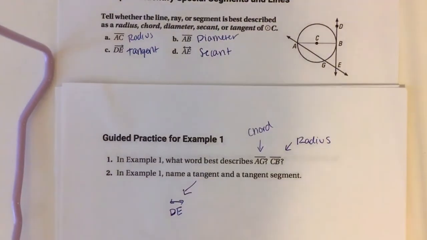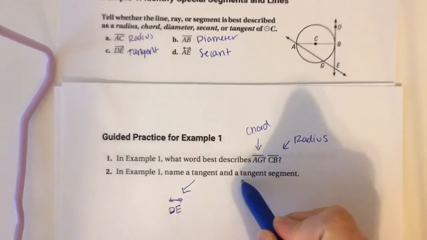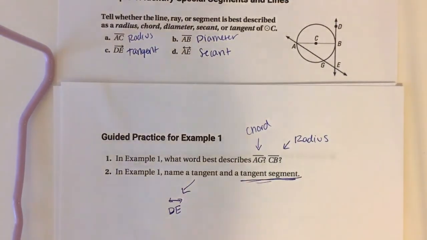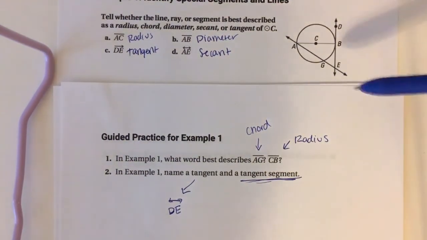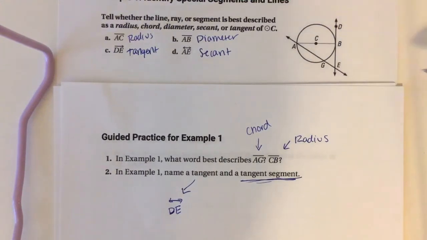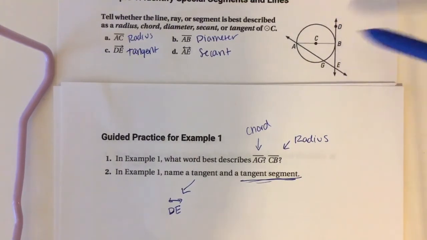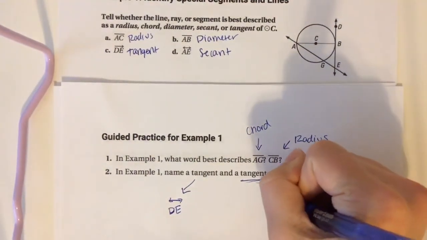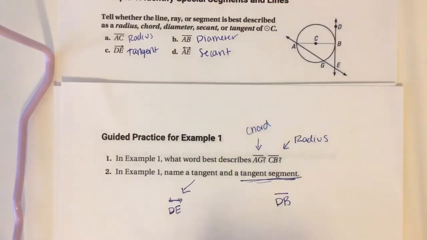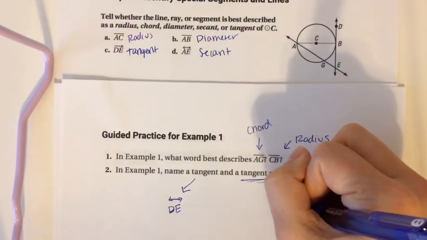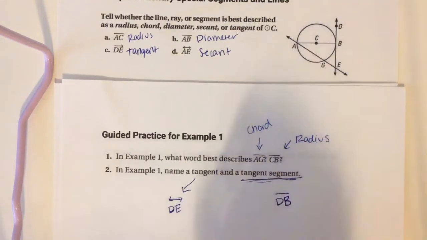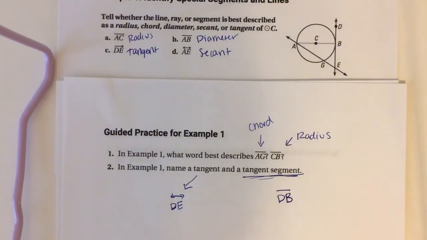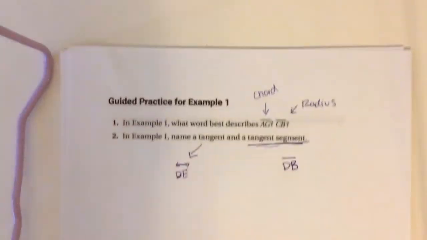And a tangent segment, we don't want arrows. So in this case, we're going to have to use DB as our tangent segment because we want 2 endpoints. And that's being really picky. We won't be getting that picky too often, but that's just making sure you guys know your vocab. So then moving on to example 2.